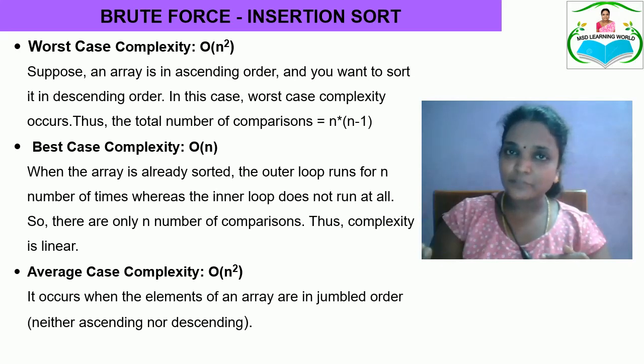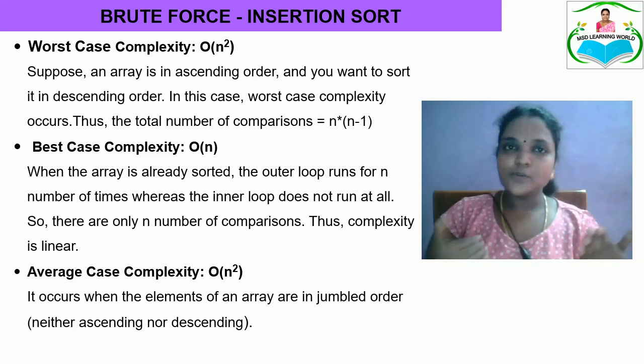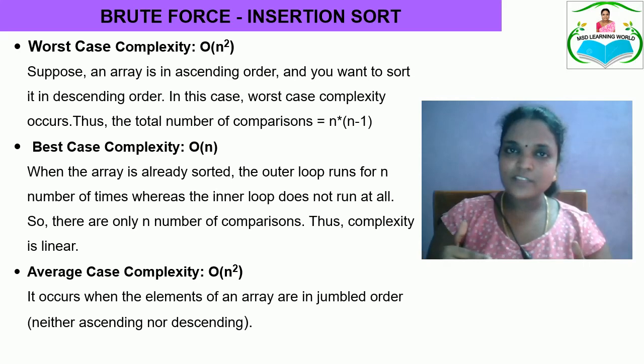If it is n times, it will be n minus 1 times, in the next iteration it may be n minus 2 times, in the third iteration it may be n times also. Collectively, the inner loop is also going to be executed n number of times. So n into n, the average complexity of insertion sort is also order of n square.